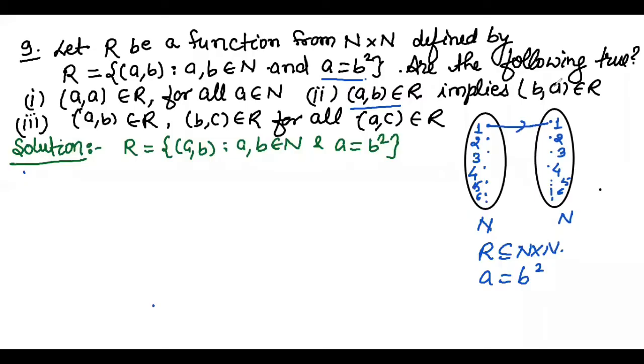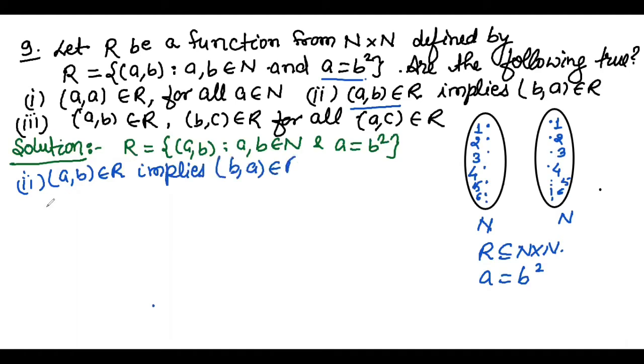Now second, AB belongs to R, that implies BA belongs to R. So it is given here, AB belongs to R means A is related to B. A is related to B means it is satisfying the condition A equals to B square.